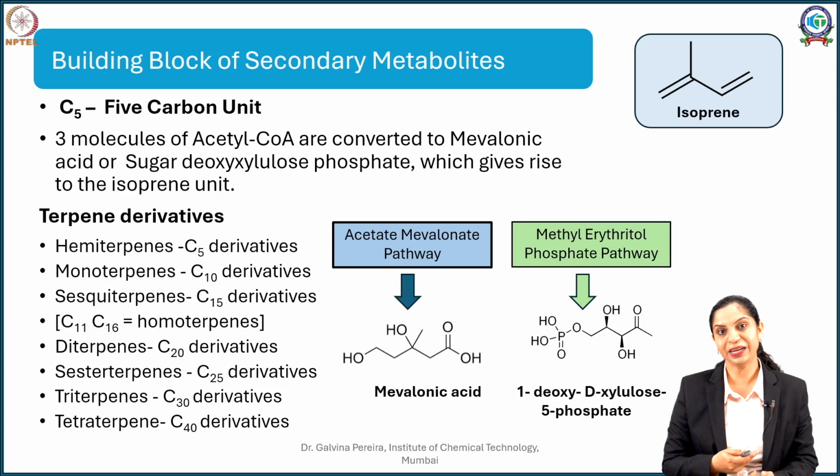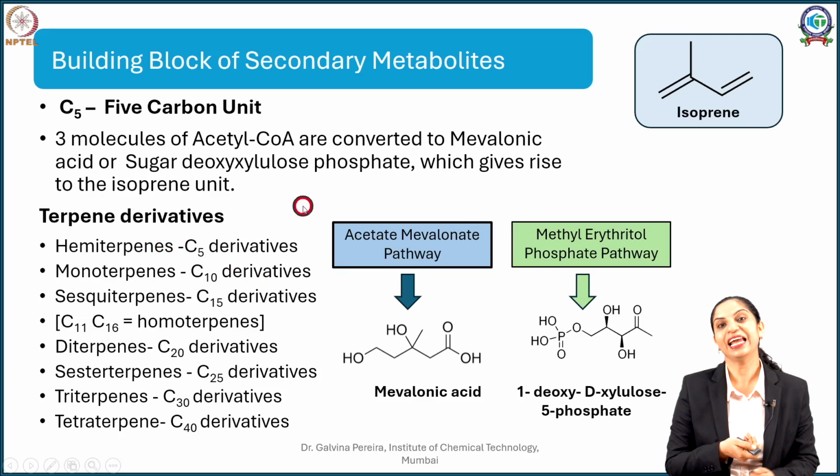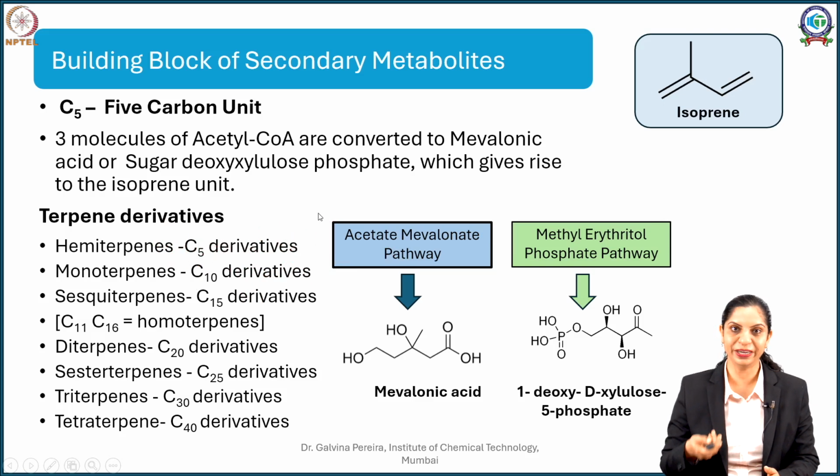Now what are terpenes? Terpenes are C5 derivatives, and based on how many C5 units are present, they get their nomenclature. To start with, the first example, hemiterpenes; hemi means half. When I say C5, that is the first unit or the basic building block, it is referred to as a hemiterpene.